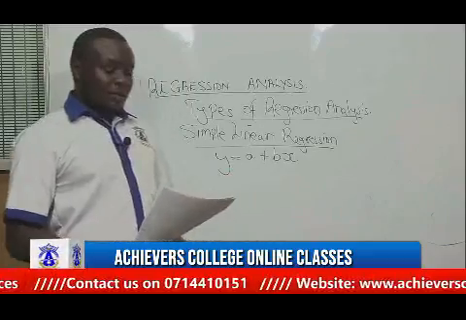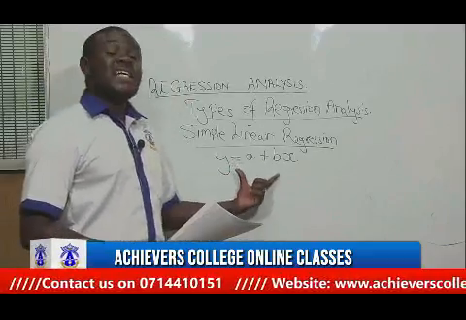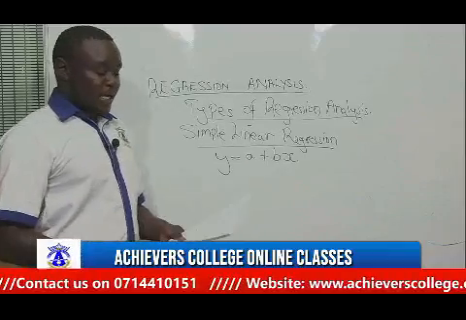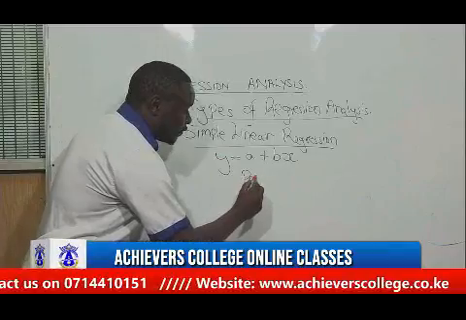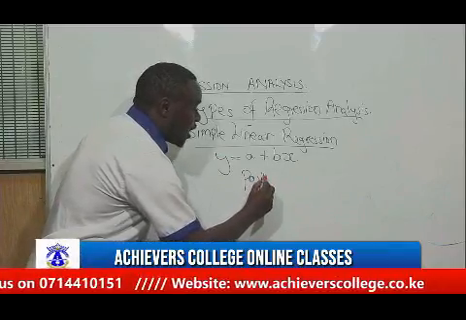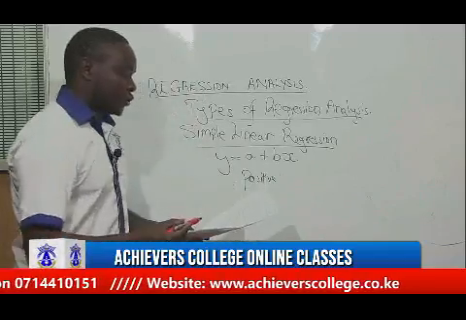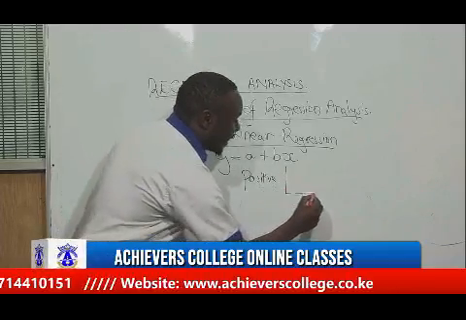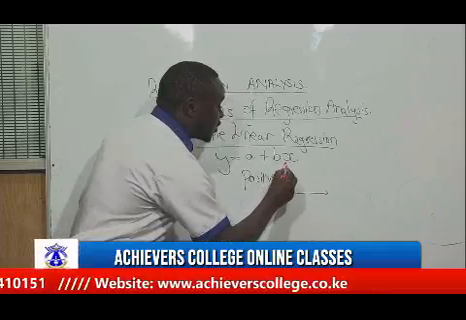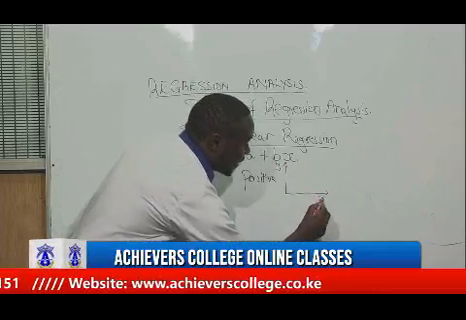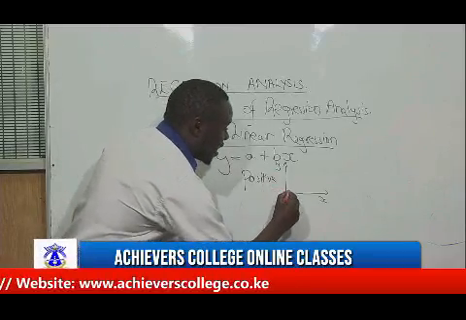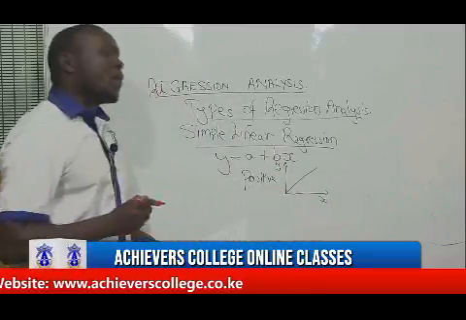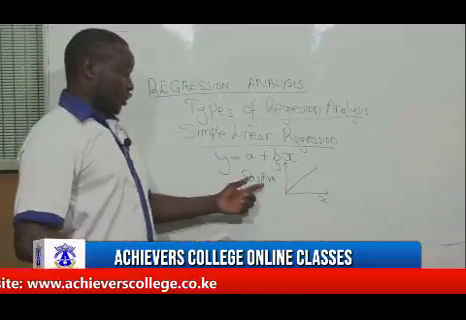This relationship can be positive. If it is positive, this is how we represent it in a graph: this becomes your y, this becomes your x, and it takes this form. That is a positive relationship.